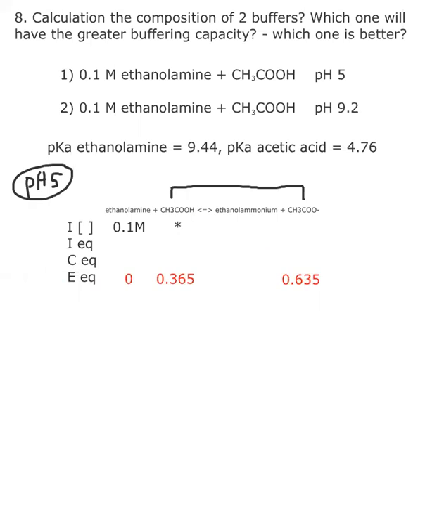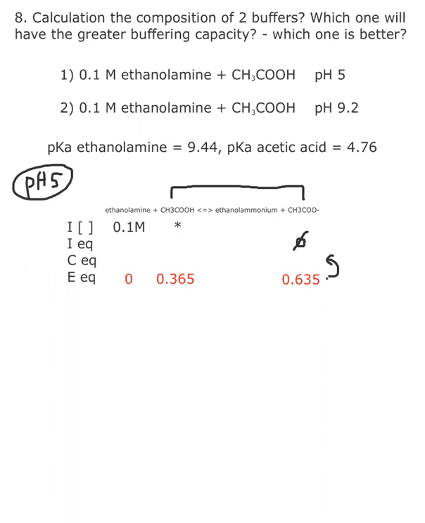By that, I mean you have to think about the change amount here. Because at equilibrium, you would have 0.635 acetate, and for sure, we don't have any acetate at the initial condition.